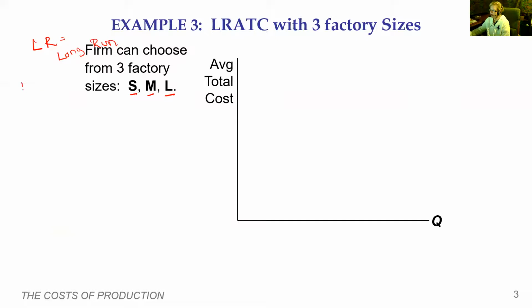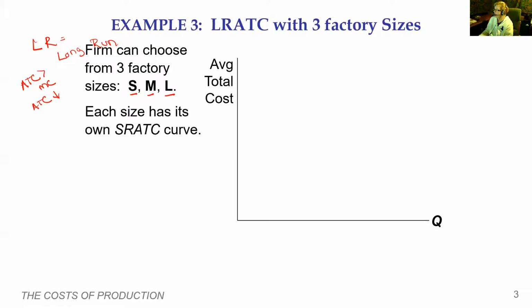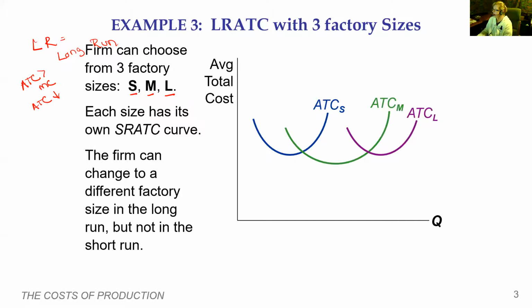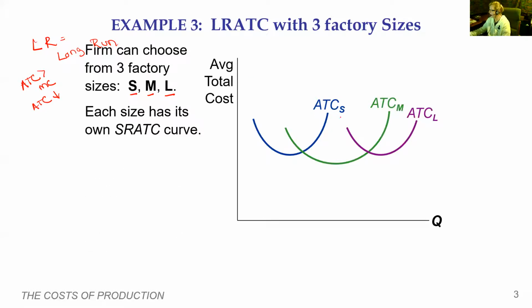We know that if average total cost is greater than marginal cost, then average total cost is falling. So here is our short run, SR being short run, average total cost curves. And so we have a small, medium, and large factory.